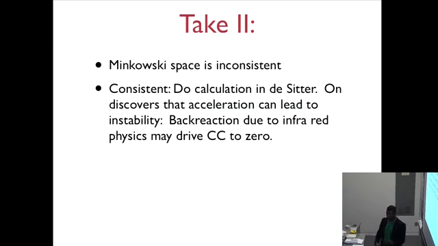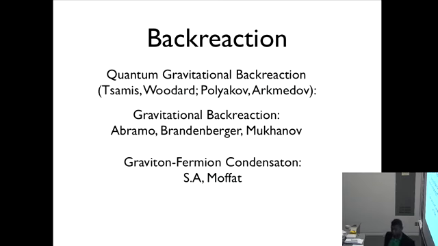In other words, when you do this calculation, the fact that the space-time is accelerating, there's a back reaction onto the quantum correction that negates the cosmological constant and drives it to 0. So there are some ideas here, which is to use quantum gravitational back reaction. Again, what I mean by that is you look at 2 loop effects, and the idea is that those 2 loop effects will come back to negate the cosmological constant coming from the 1 loop effects.